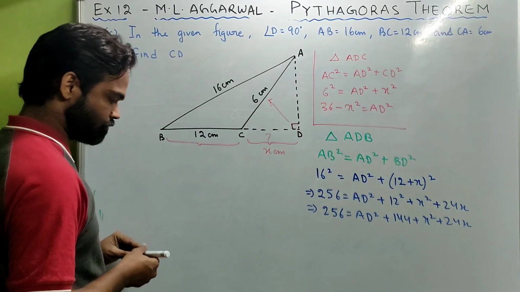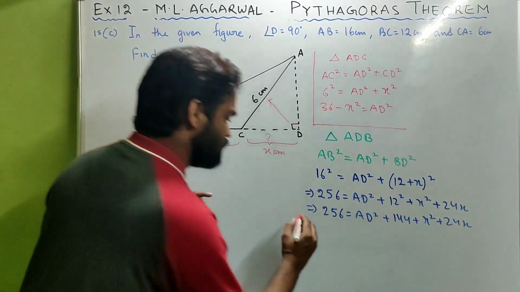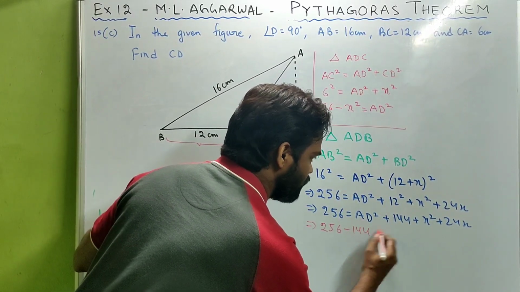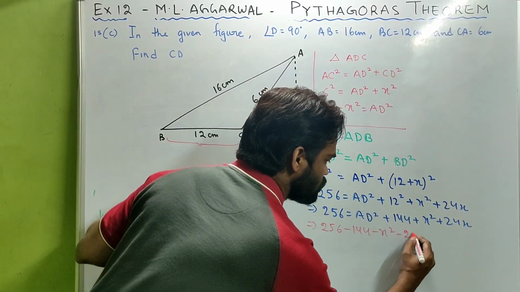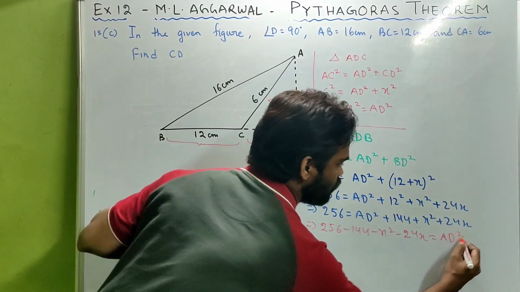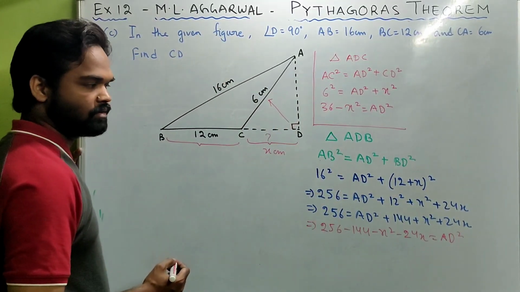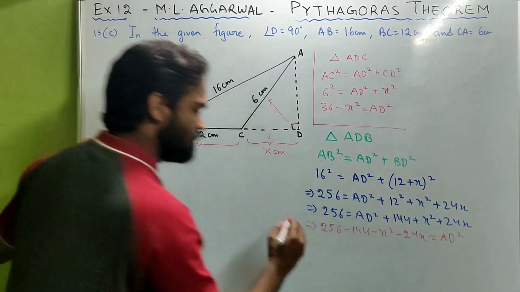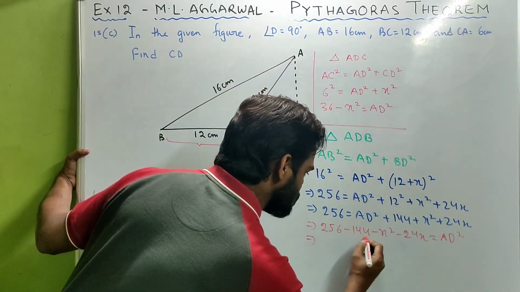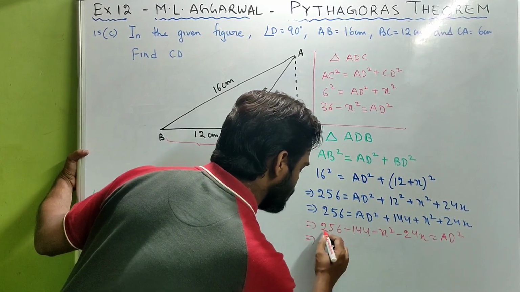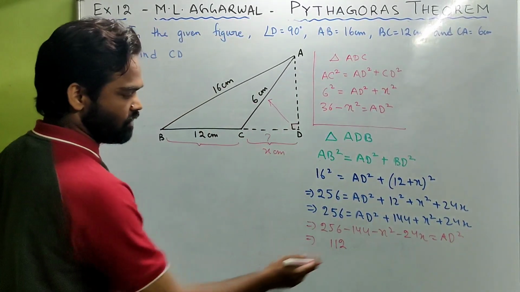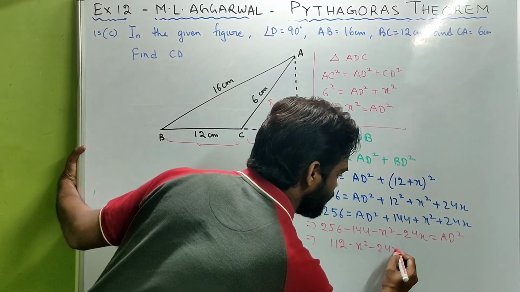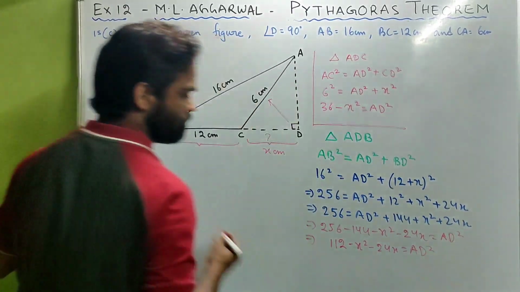Am I correct or not? Which means, can I write 256 minus 144 minus X square minus 24X equals AD square? Of course, I can write this. I'll find the value of AD square over here, and then equate it. So this becomes 112 minus X square minus 24X equals AD square.